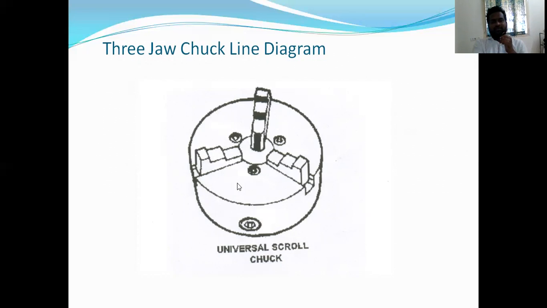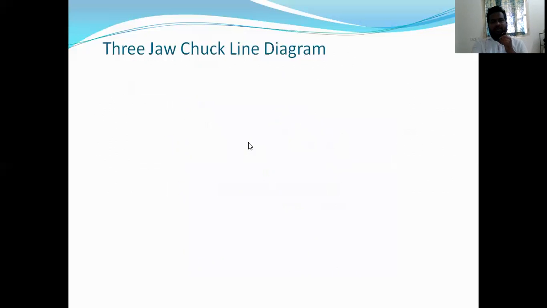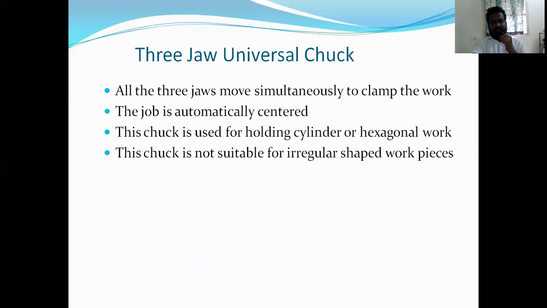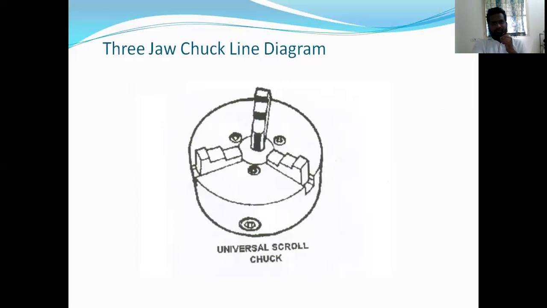This 3-jaw universal chuck is used only for holding cylindrical objects and hexagonal parts. It is not suitable for holding irregular shaped workpieces. These 3 jaws are moved at a time by rotating this keyway.